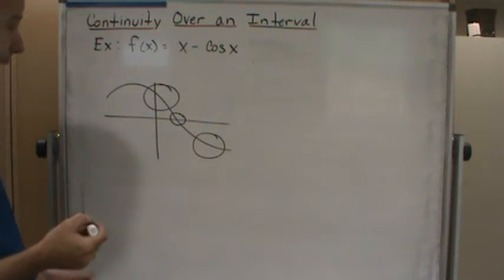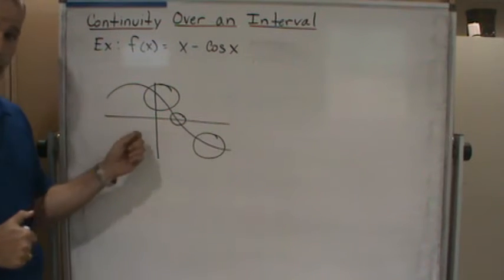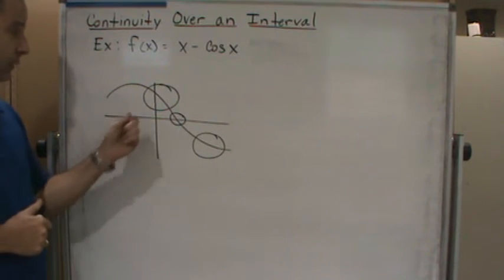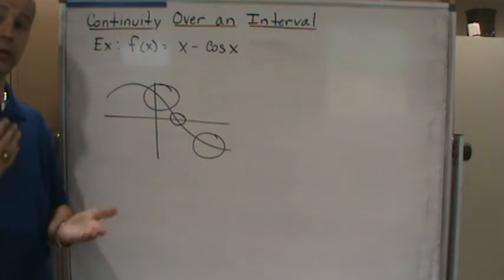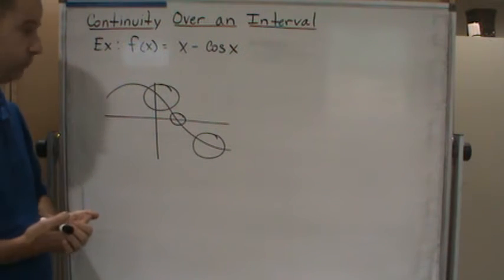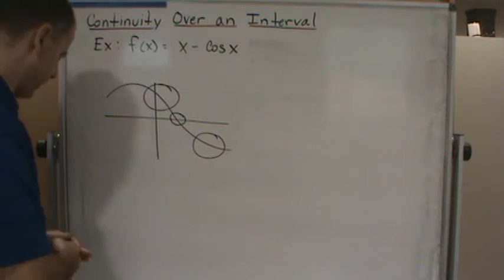So that's how powerful the intermediate value theorem is. We can use it to find zeros, or we can find intervals where there's at least one zero. Okay? So let's do that.